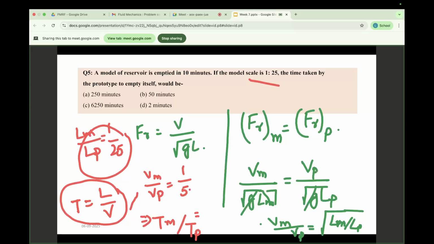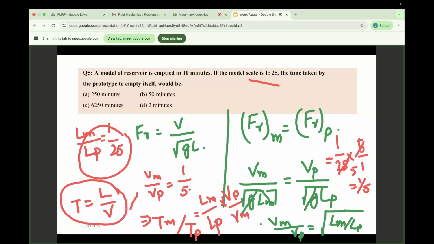Please find it out. If you put this value, Lm by Lp is 1 by 25 and Vp by Vm is 5 by 1, so you will get the answer as 1 by 5.